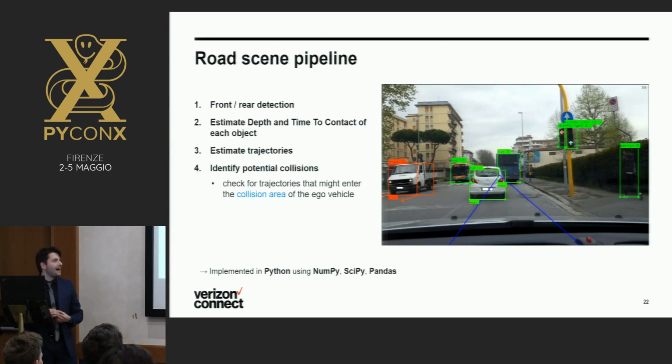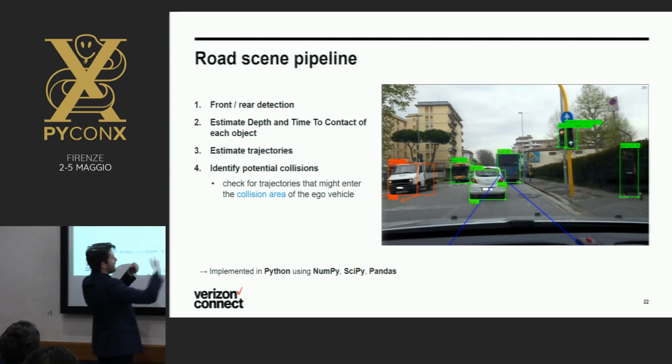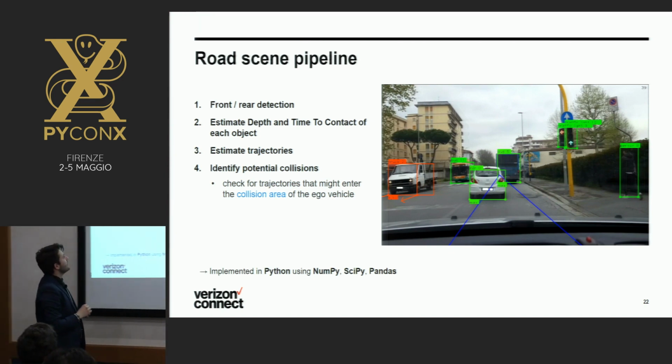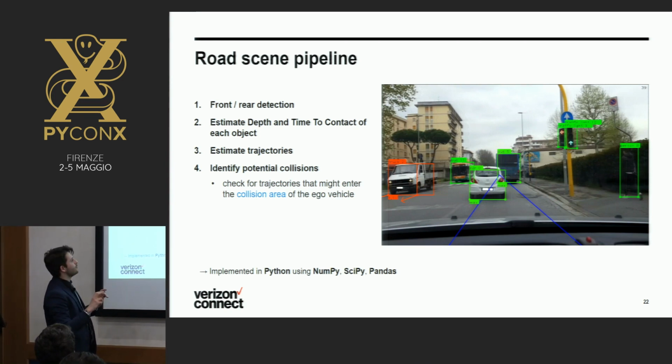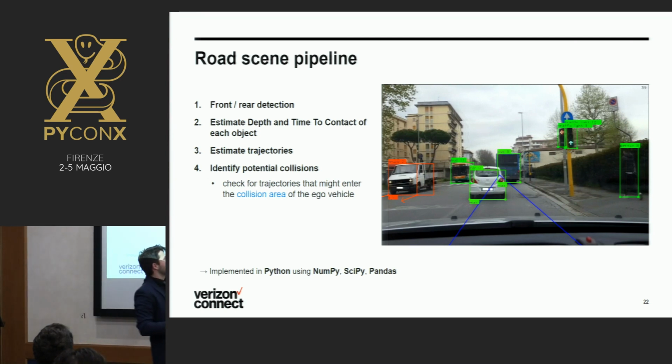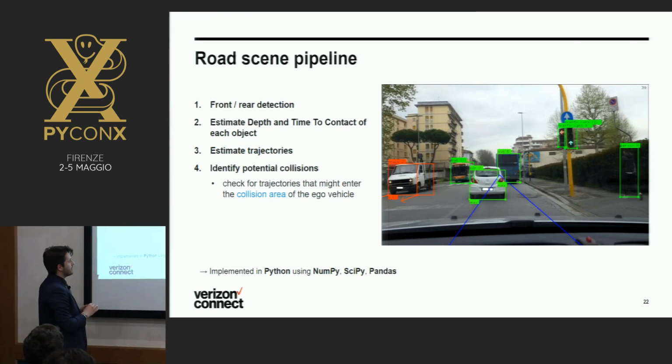Then we can combine the object detection and the optical flow in order to realize a real road scene pipeline in which we, first of all, perform a front-rear detection, which means being able to detect the front or the rear of the vehicles, estimate depth and time to contact of each object, in order to be able to detect which are the really dangerous objects in the scene, then estimate the trajectories, these arrows, and then find which of the objects have trajectories that are going to bump into the ego vehicle.